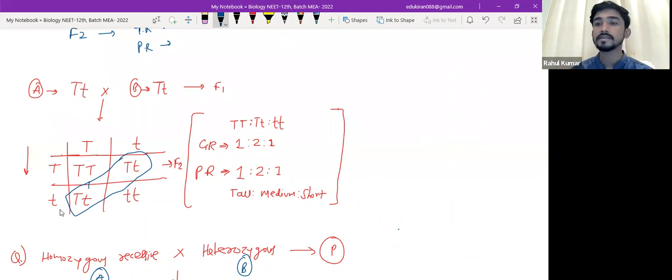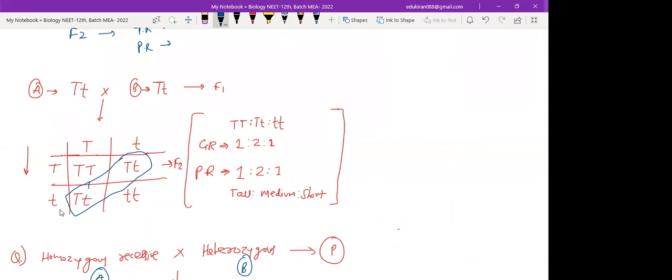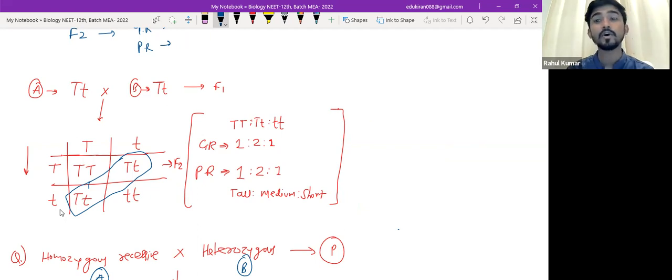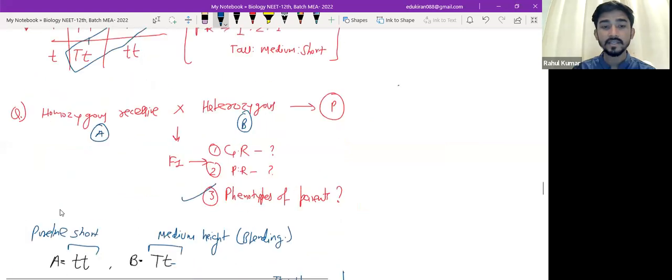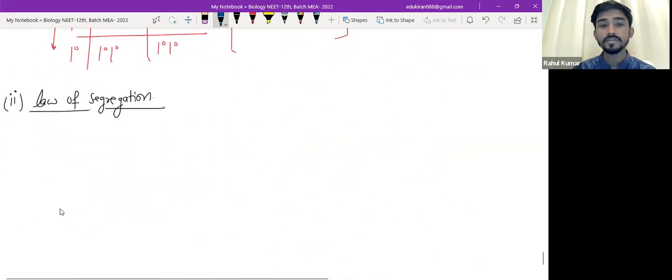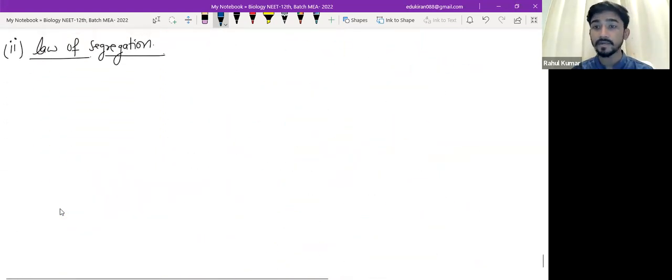In all cases, when you make gametes, the two alleles that together gave rise to the phenotype always segregate independently. At the level of gametes, there is no blending ever. The blending only happens at the level of the zygote and embryo, when the phenotype appears, not at the level of gametes. And the law of segregation is the only universally accepted law.